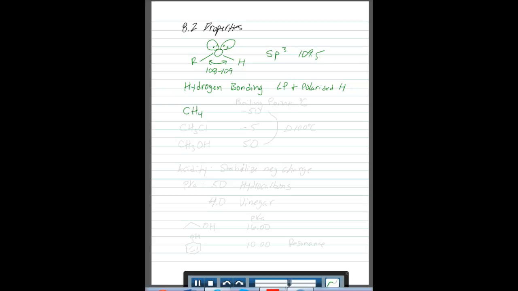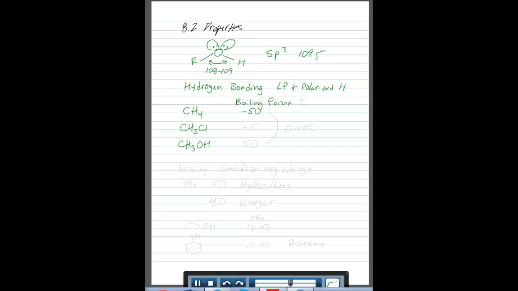So if you take methane, and if you take methyl chloride, and if you take methanol, very similar compounds. The difference I'm changing is a hydrogen in the methane to a chlorine, which is a very large group, and then the hydrogen bonding. You can see that the boiling points drastically change. In the methane you have van der Waals forces.